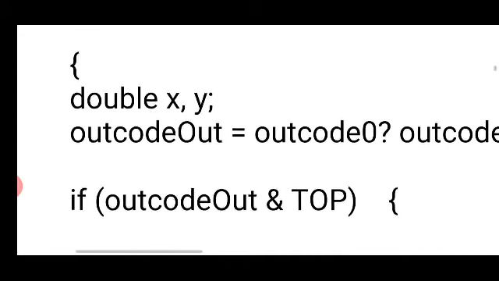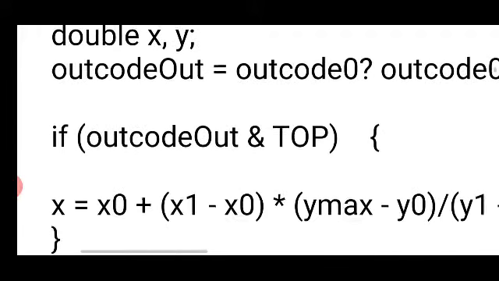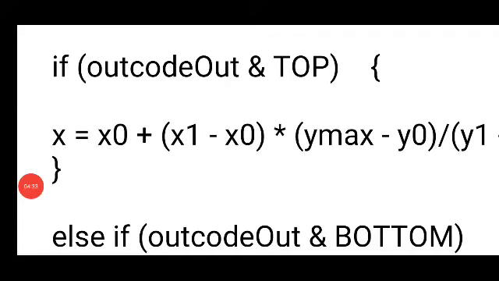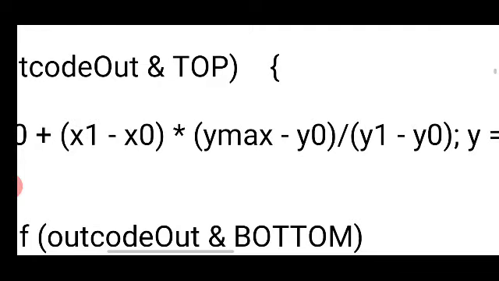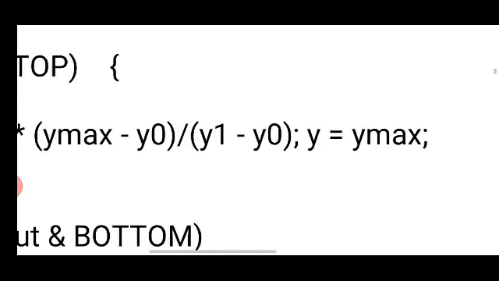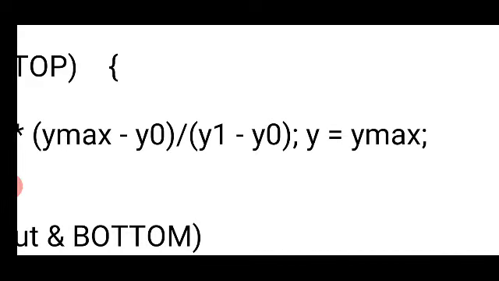That's why we need to find the intersection point. This is the formula for the x value of the intersection point: x is x0 plus (x1 minus x0) times (y max minus y0) divided by (y1 minus y0), and y is equal to y max.